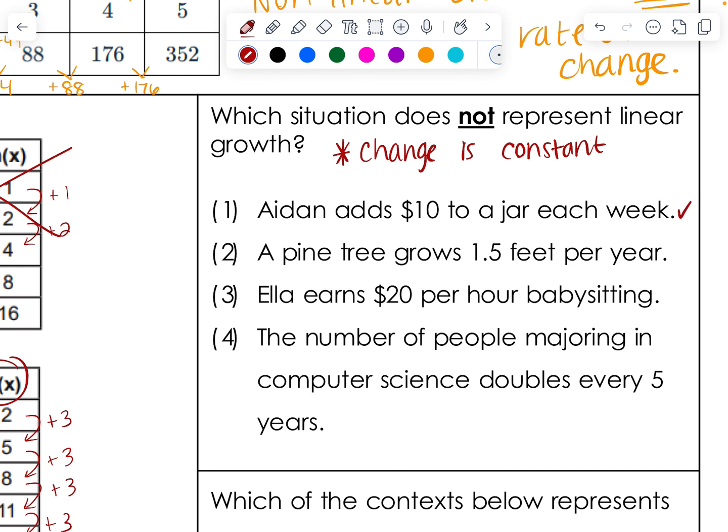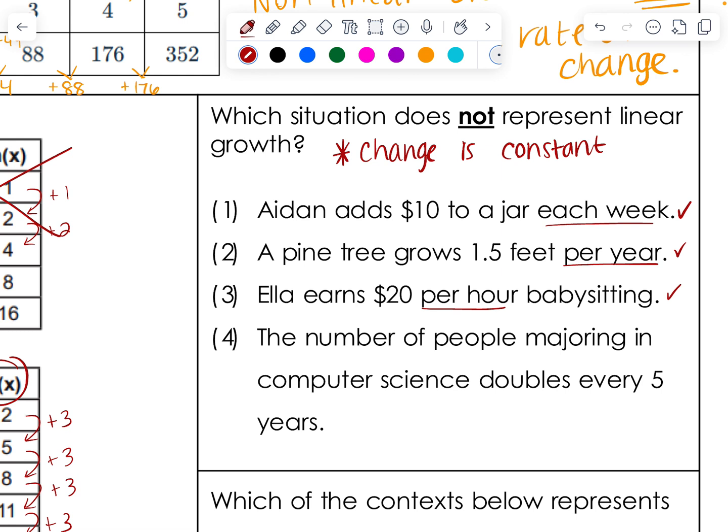That's linear. Every week he's adding $10. Next one, a pine tree grows 1.5 feet per year. That's constant. Every year it's growing 1.5 feet. Number 3, Ella earns $20 per hour babysitting. That's constant. Every hour that she works, she's earning $20.